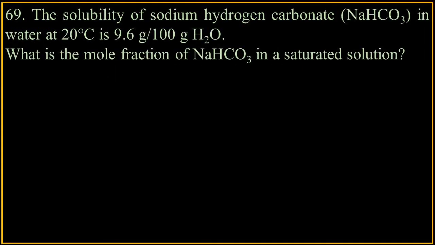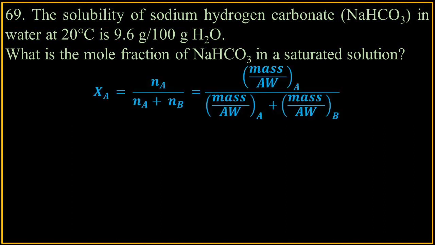The solubility of sodium hydrogen carbonate in water at 20 degrees Celsius is 9.6 grams per 100 grams of H₂O. What is the mole fraction of sodium bicarbonate in a saturated solution?